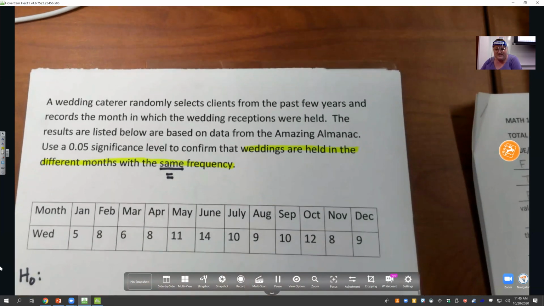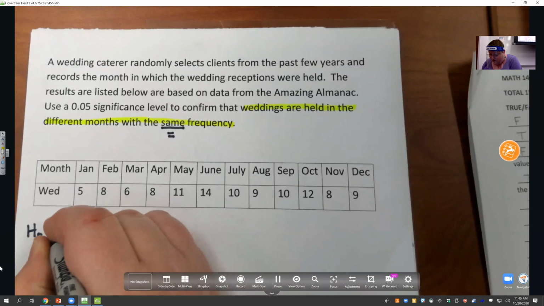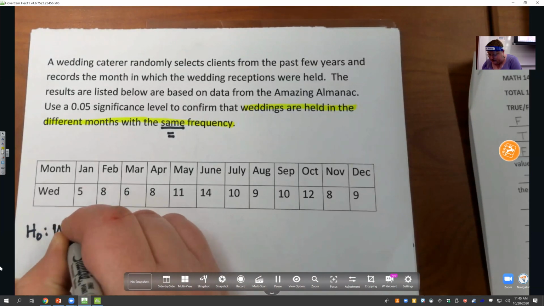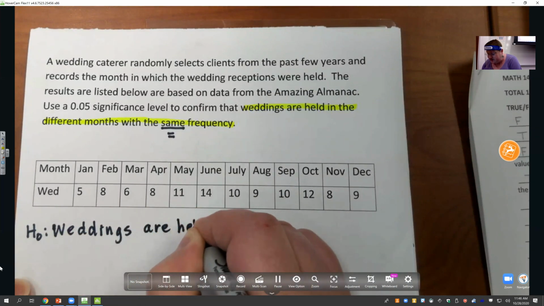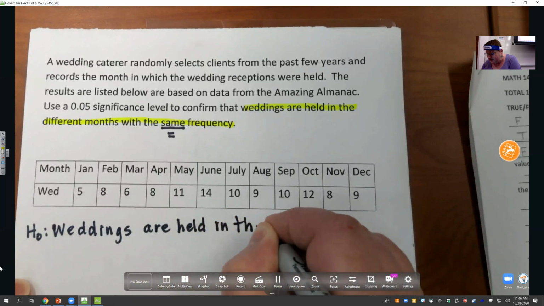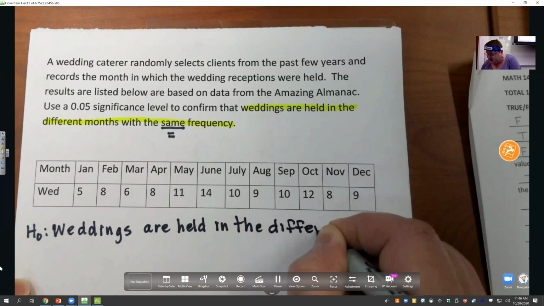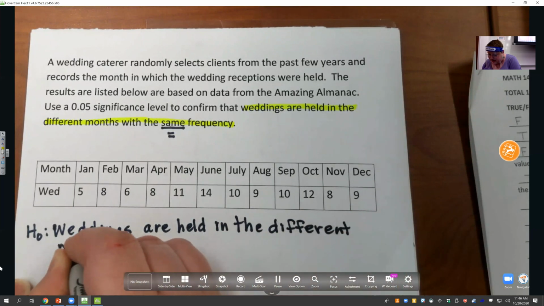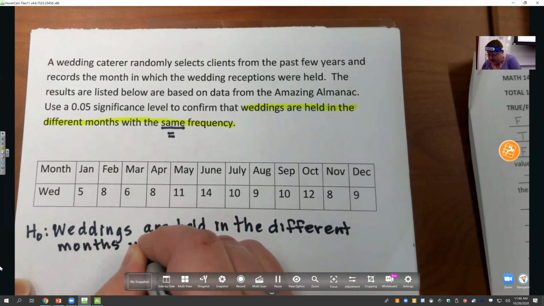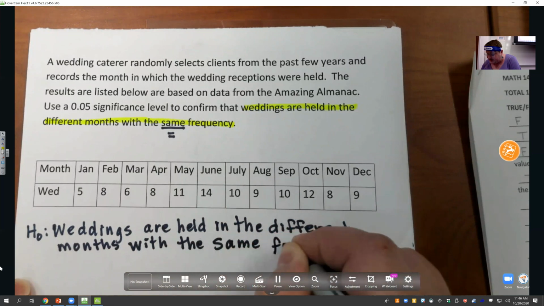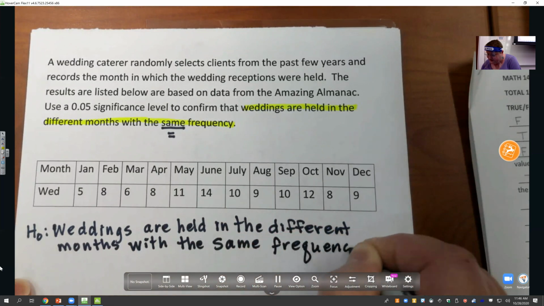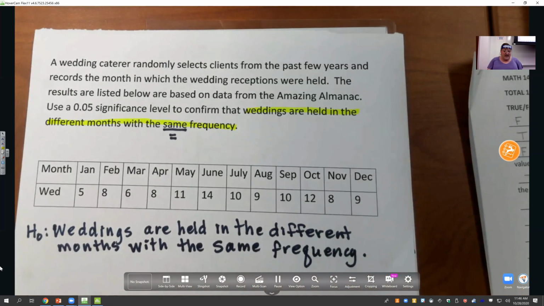So our null hypothesis could be written as: all weddings are held in the different months with the same frequency. Again, because that implies that they're equal, that they're held in the months.